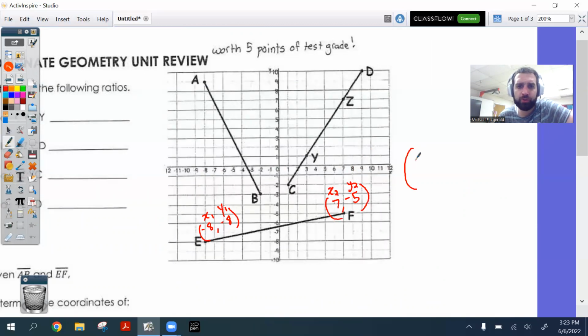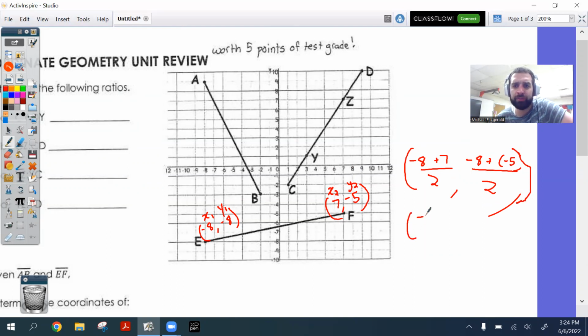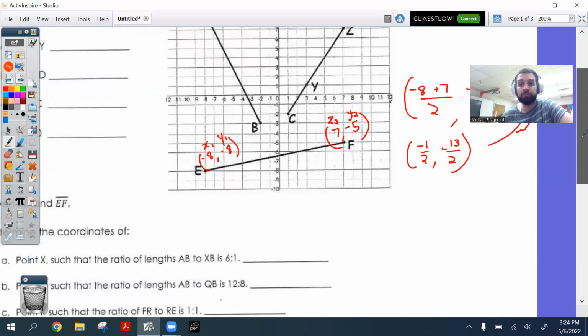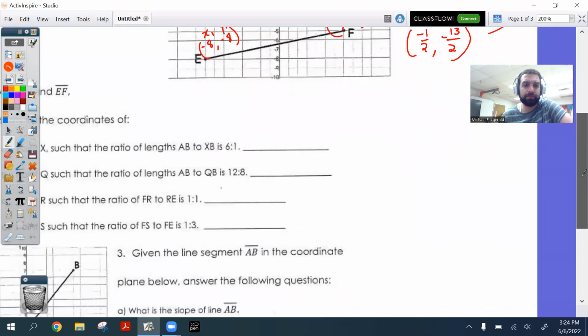So then this becomes (-8 plus 7) over 2 and (-8 plus -5) over 2. I'm running out of room. Well, -8 plus 7 is -1, so -1 over 2. And -8 plus -5 is -13, I'll just leave that as a fraction, -13 over 2. So that would be the point for that.